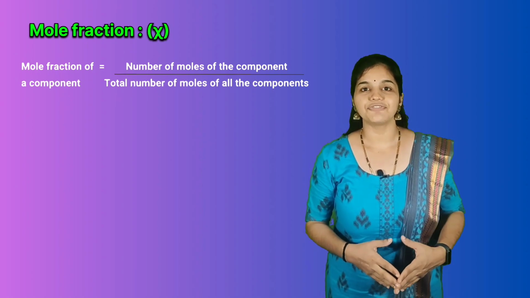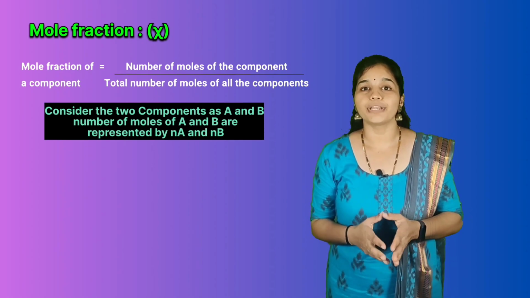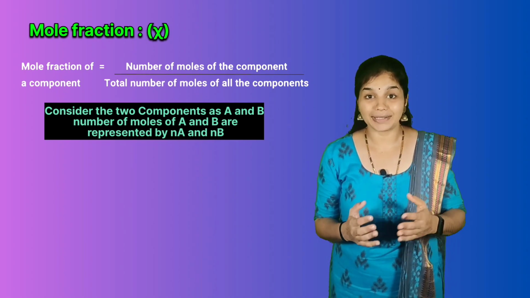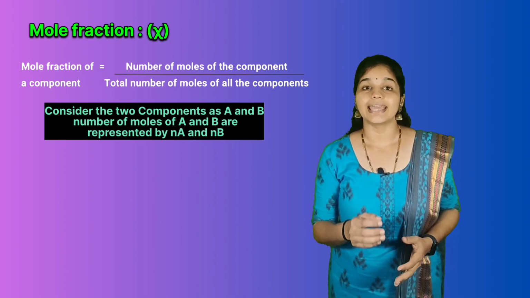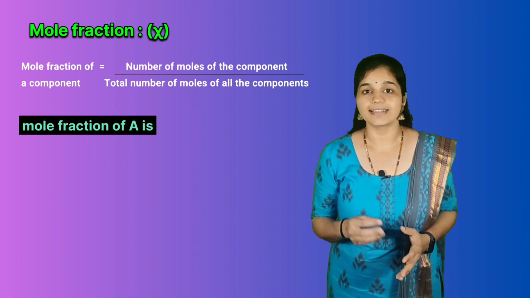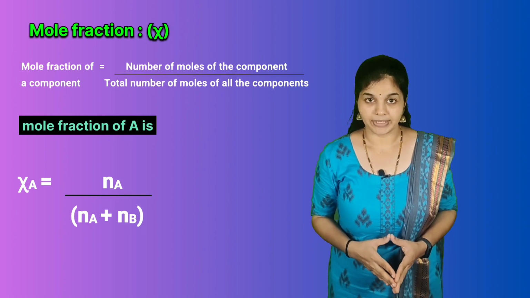For example, if we consider a binary solution, let us consider the components as A and B. Number of moles of A and B are represented by Na and Nb. Then the mole fraction of component A, chi A, is equal to Na divided by Na plus Nb.